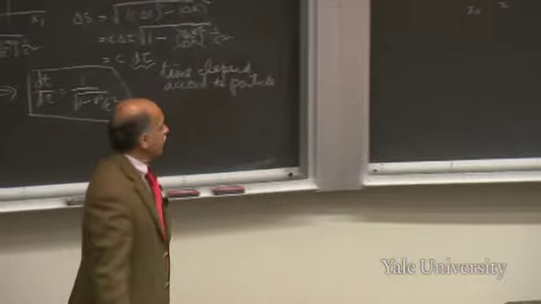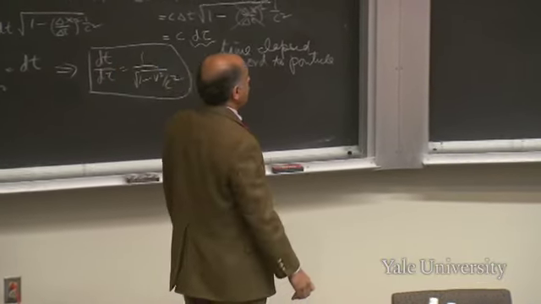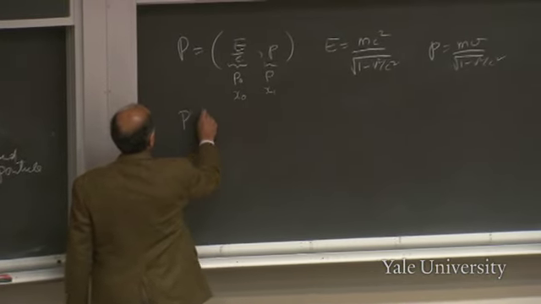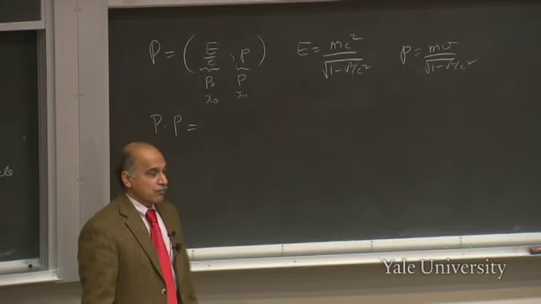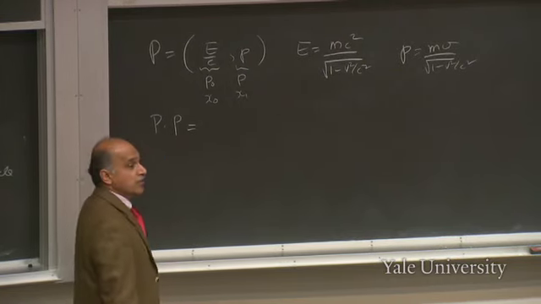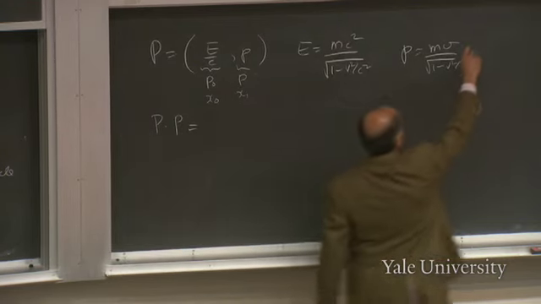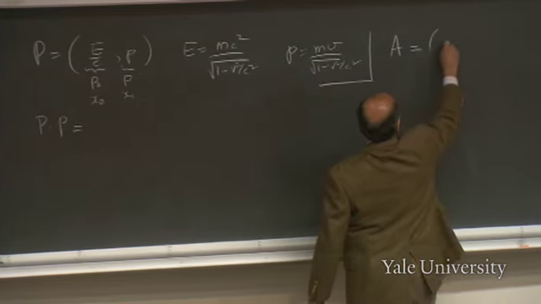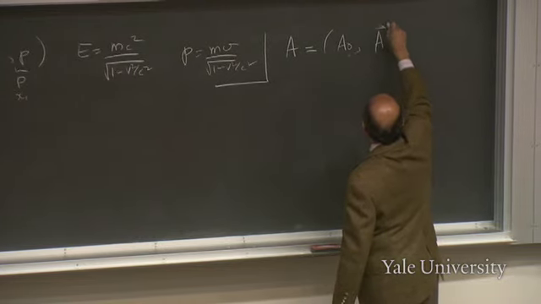Well, there are other consequences of the fact that p is a 4 vector. First consequence is this. You remember the dot product of a vector with itself is the same for all observers. So what's the dot product of p with itself? Well, before I do that, let me remind you in general, in relativity, you will have 4 vectors. A, they'll have one part that looks like time and one part that looks like an ordinary vector.